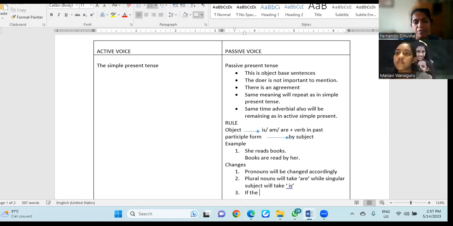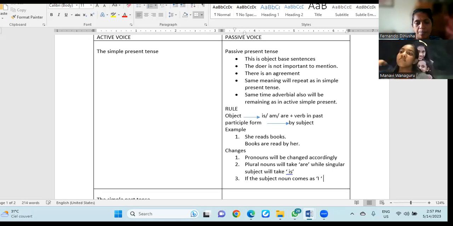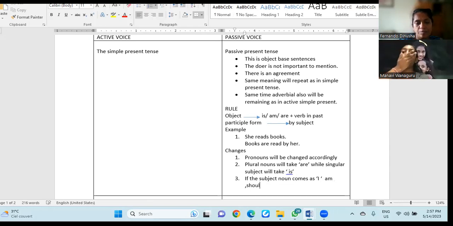And if the subject noun comes as I, am should be written. What are all the time adverbials I gave you? They stay the same.